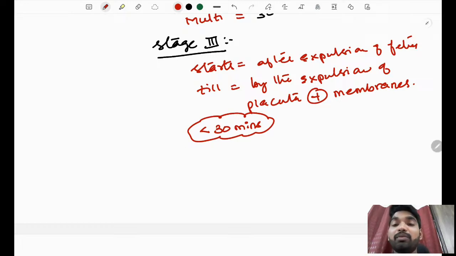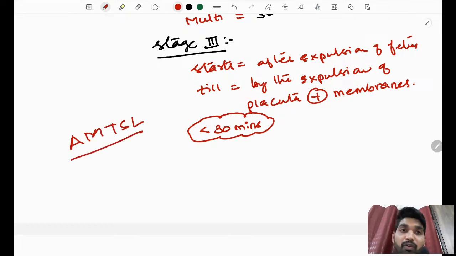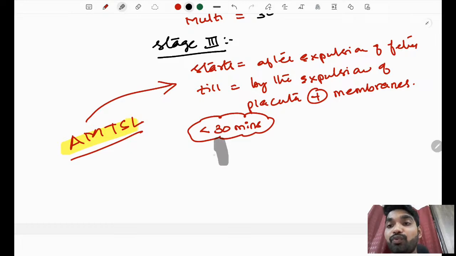But usually we follow something called AMTSL, active management of third stage of labor, right? In third stage, I think you people are remembering this, very important, active management of third stage of labor. By following this, you will decrease this 30 minutes to 5 minutes.